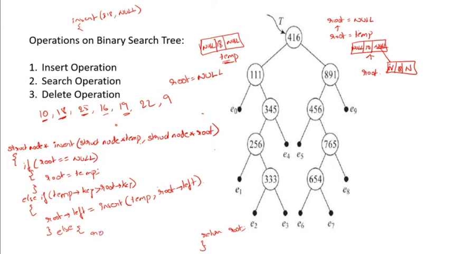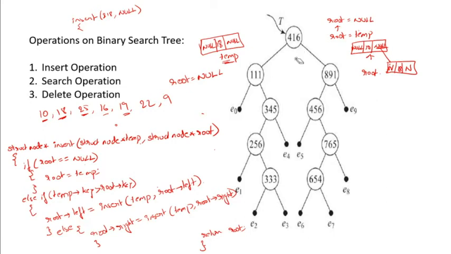So it will be root hyphen right is equal to insert of temp comma root hyphen right. Yeah, before you close this, you need to return the root and then close it. So this particular concept will definitely work for any big array.